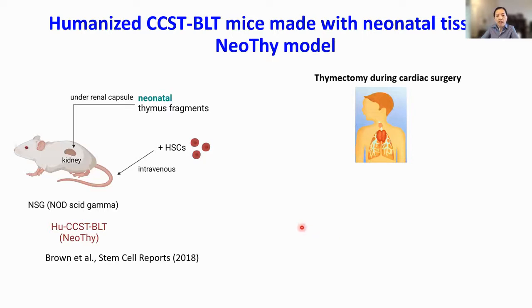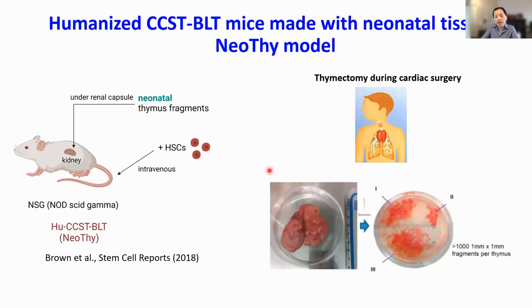In this context, it has been shown recently that, instead of using fetal thymus fragments, thymus from neonates taken from cardiac surgery can be used for the engraftment of mice, as shown here on this line. An obvious advantage of this approach is that the size of a neonatal thymus is significantly larger, making it possible to make up to 50-fold more BLT mice compared to the classical approach.